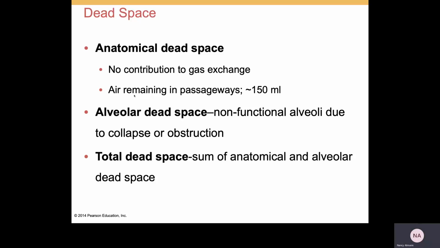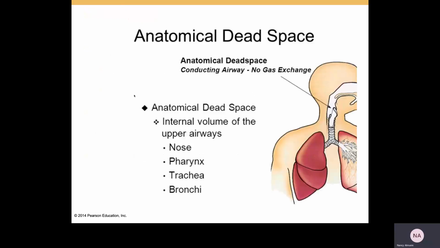And that can vary tremendously depending on what respiratory conditions your patient may have. This just gives you a quick picture of the anatomical dead space. Again, no gas exchange, it's just air that is in the passageways. And it shows you what areas are involved: the nose, the pharynx, the trachea, and the bronchi.